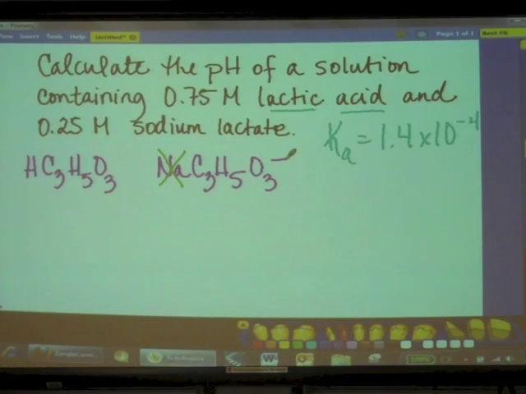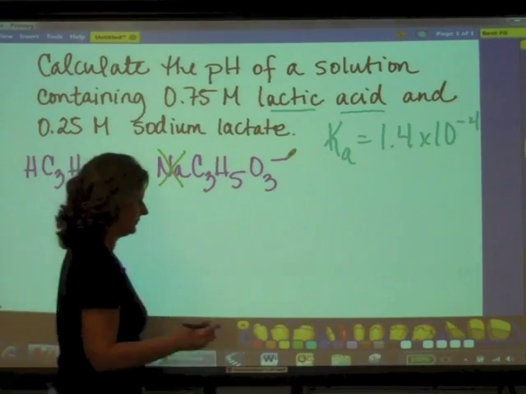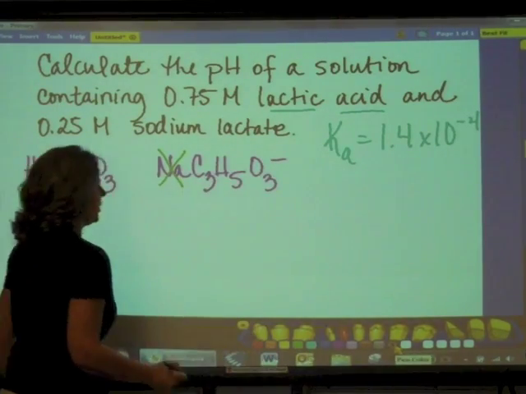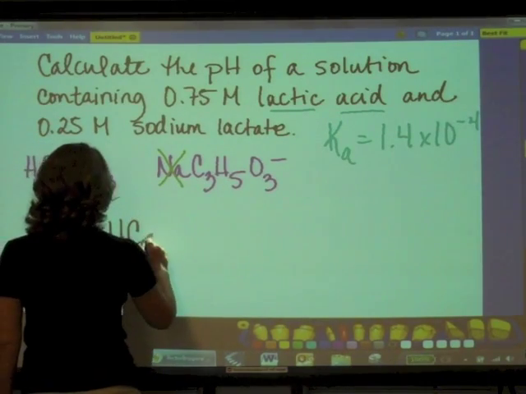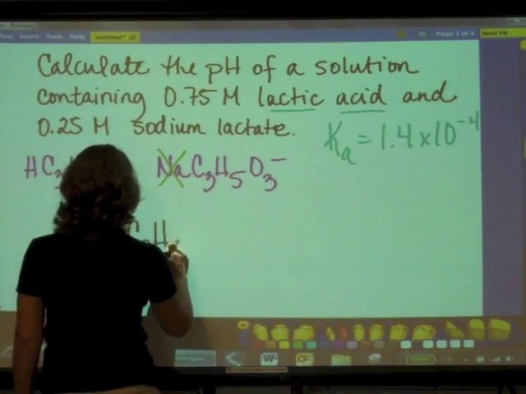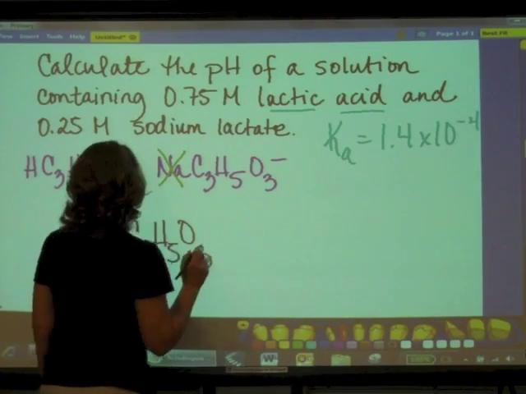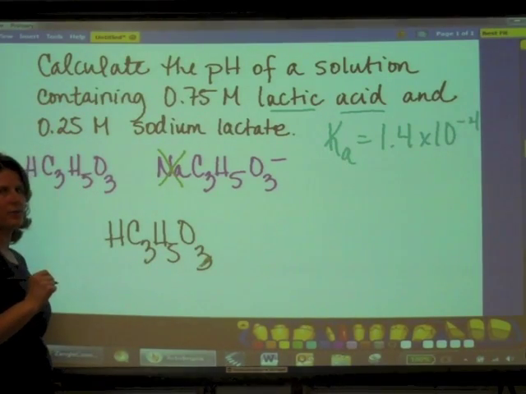Okay. Now, let's write the reaction and let's write an equilibrium expression. So we've got the lactic acid. Now, it's an acid. Is it going to react with water?